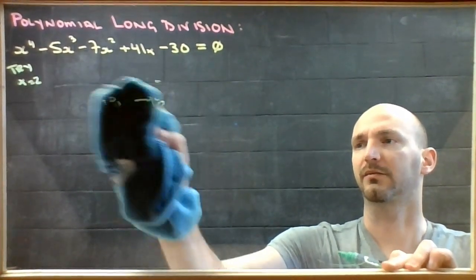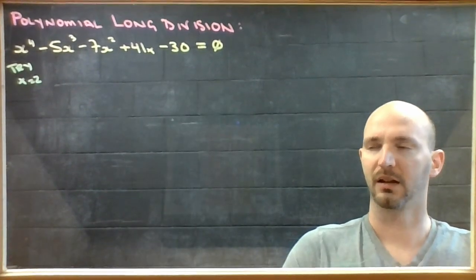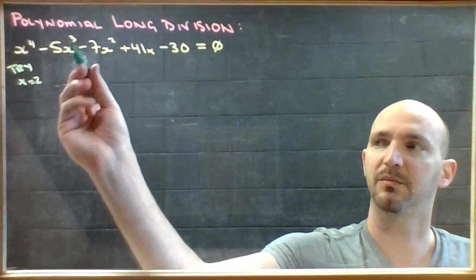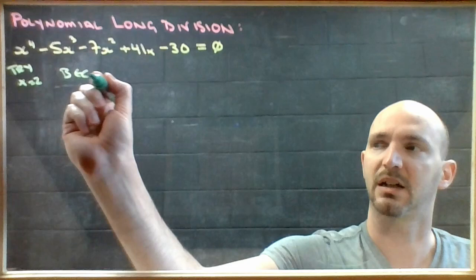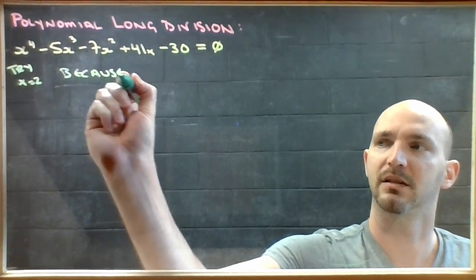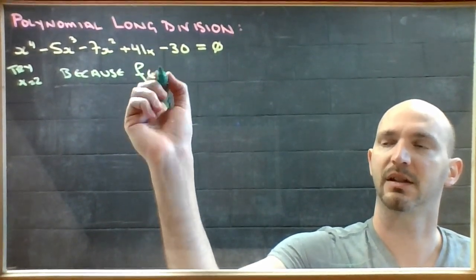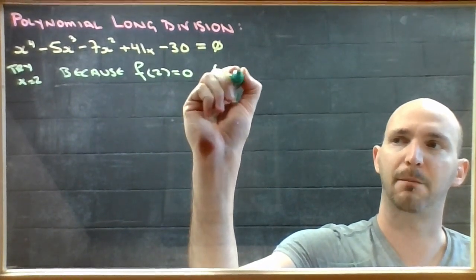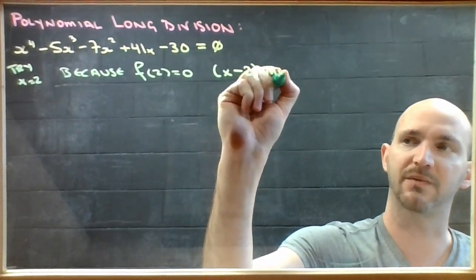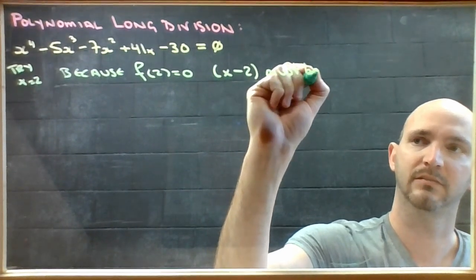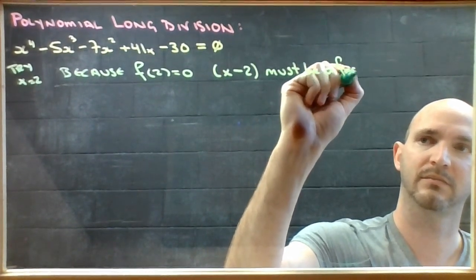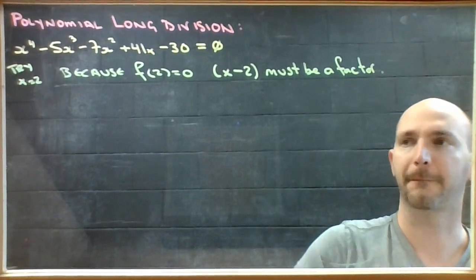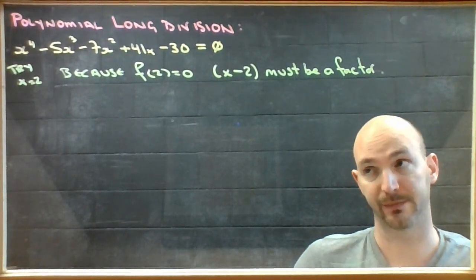So what I've figured out there is that, because this function at 2 equals 0, then x minus 2 must be a factor. So I'm going to divide it out.